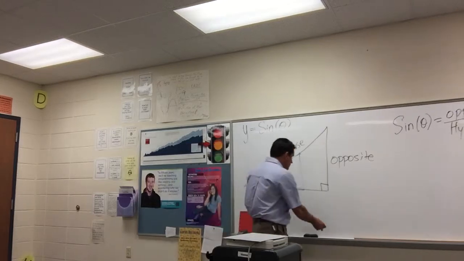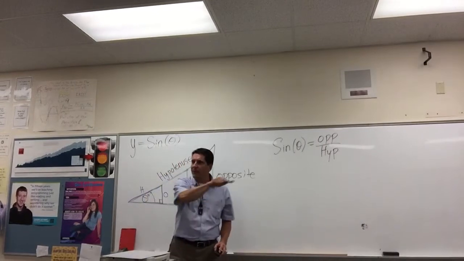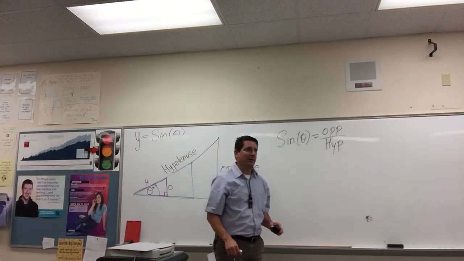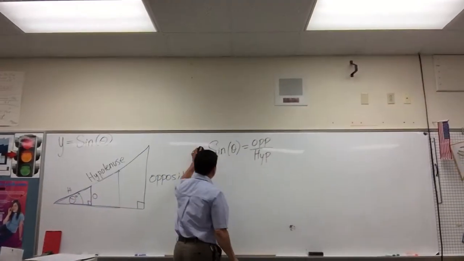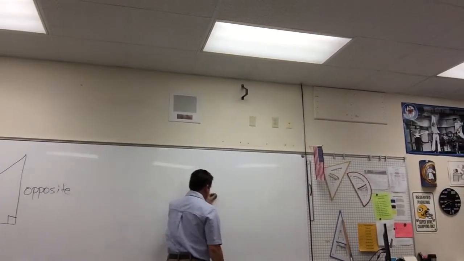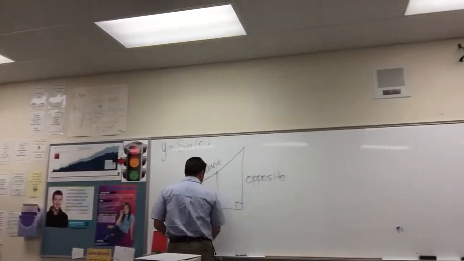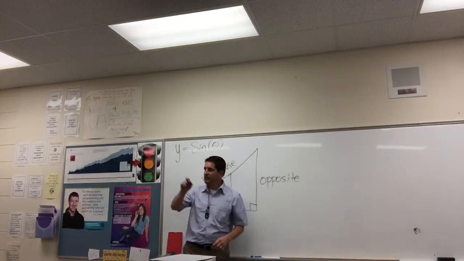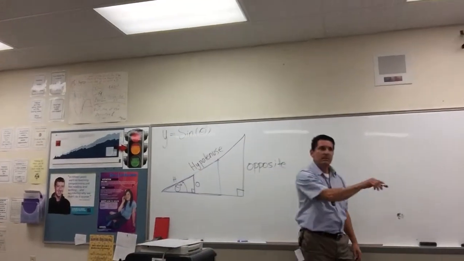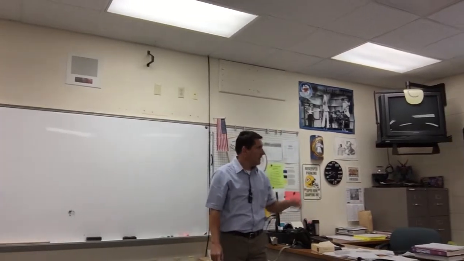Now, how does this turn into a wavy graph? That's what I want to know. Because that's the real trick. How does this definition make us have a graph that goes like this? Yeah.